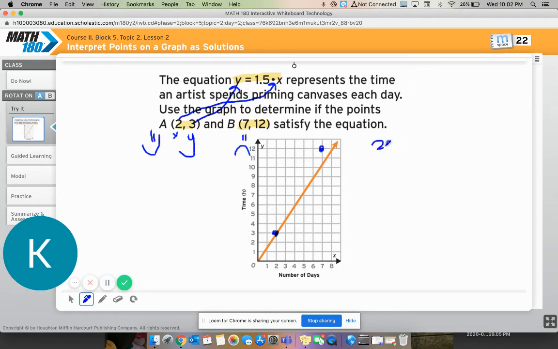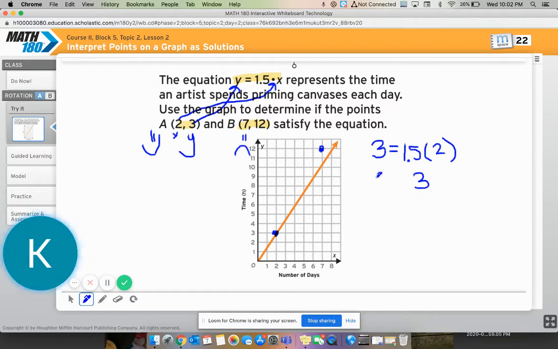So we have 3, because that's our y value, equals 1.5 times our x value, which is 2. Now 1.5 times 2 is actually 3.